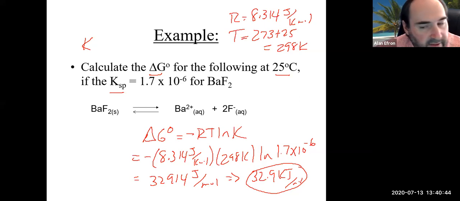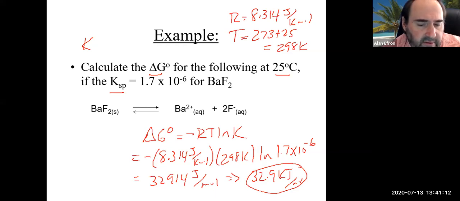Any questions on that calculation? Much like a lot of the things we've been talking about in this chapter, we can see if it makes sense. If we look at our K value, which is a KSP, as we're familiar, KSP values are very small, which means when you reach equilibrium, you mainly have your reactants.